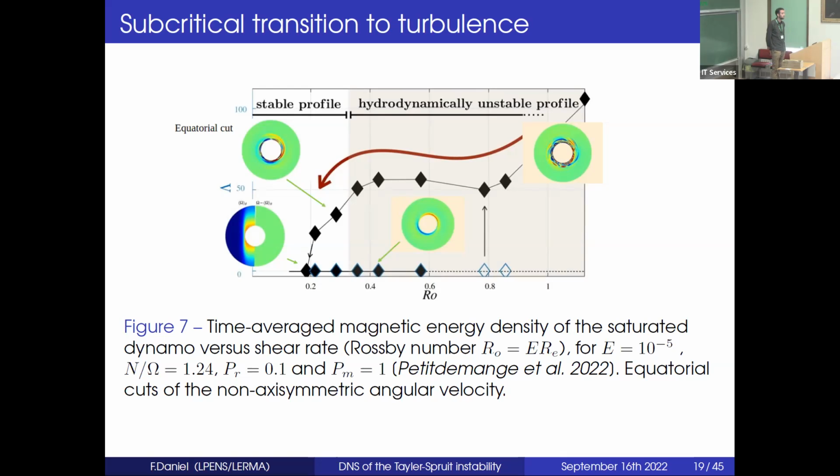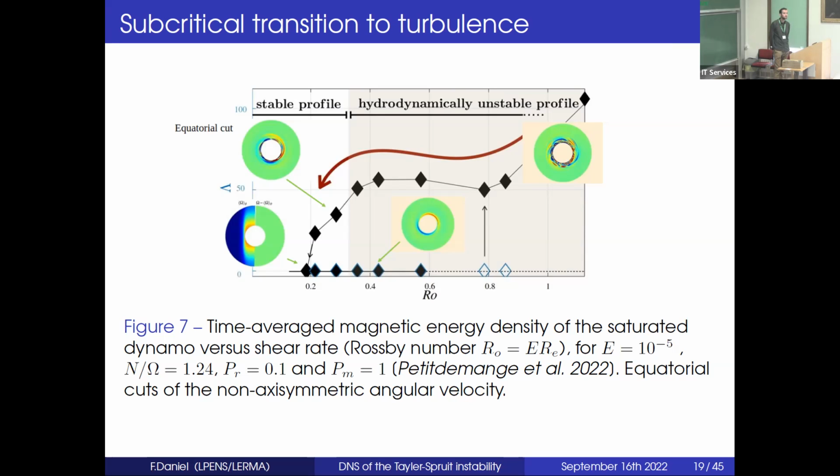If I could ask another quick question, does it matter whether your Rossby number is positive or negative here? We've only studied it for positive values. Because you have m=1, you only get this for negative, which means the inner is slower. No, the inner core is faster rotating than the outer core.